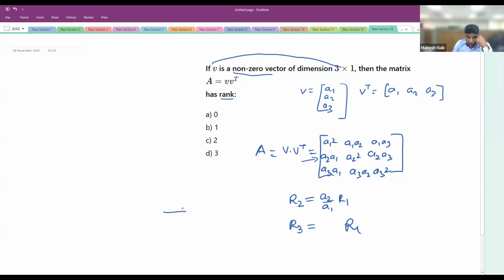So there will be only one independent row, and that row is non-zero because it is given that V is non-zero. Since we have only one independent row, the rank will be 1, and other options can be discarded.